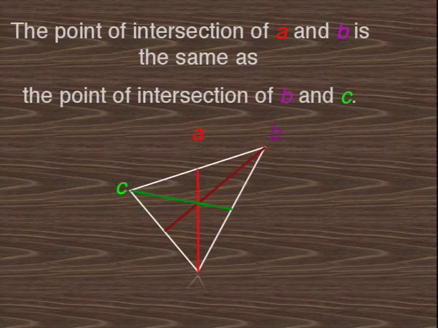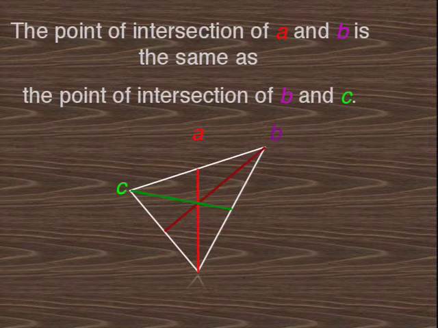Or he gives this example. You've got a triangle. This is line A, this is line C, and this is line B, each connecting a vertex to the midpoint of the opposing side.